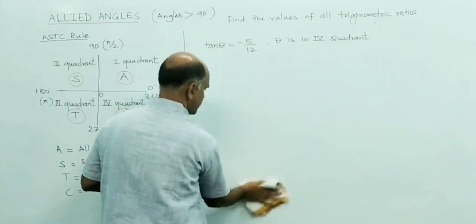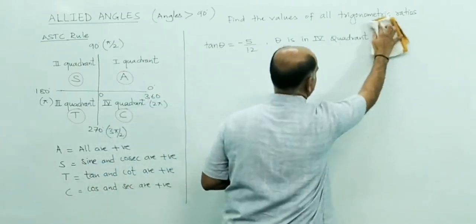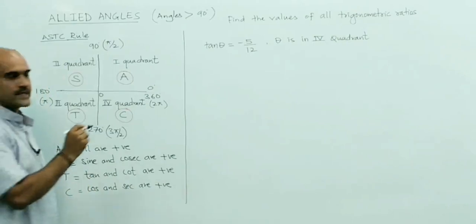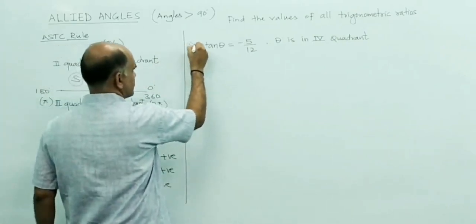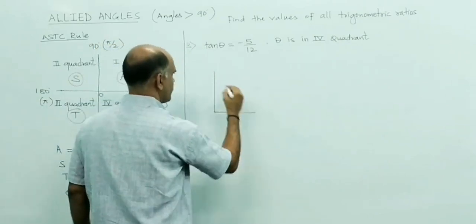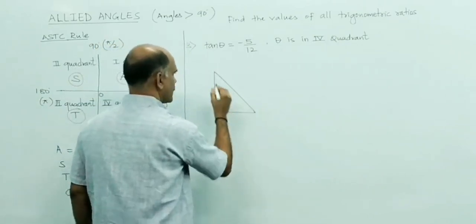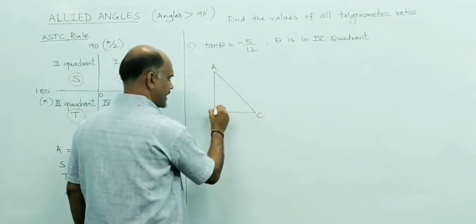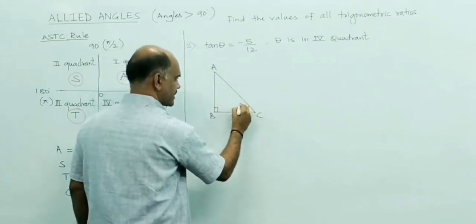So again students, you can draw a right angled triangle and show the sides. Take a right angled triangle A, B, C with 90 degrees, and this angle as theta.